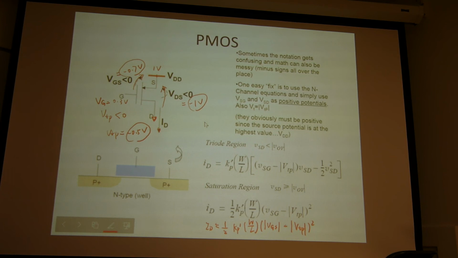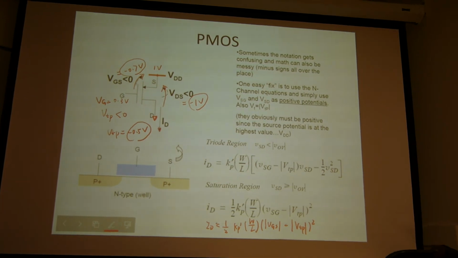NMOS is drain to the source. If you use the definition of NMOS current flow, then the PMOS current will also become a negative value if you use drain to the source as a definition. But here, since we use source to drain for the PMOS current, then you get positive current. It's just a matter of definition.